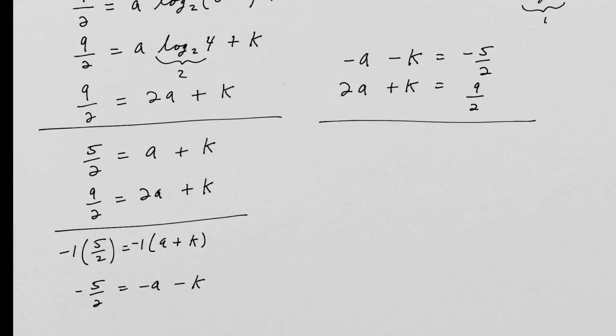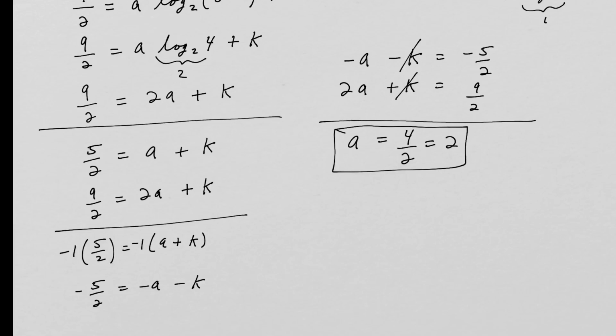Add the equations. So this is where the elimination comes in, right? The k's are gone by design. What's negative a plus 2a? That's 1a, so there's just a. And then negative 5 halves plus 9 halves is 4 halves, which is 2. So I know that a is equal to 2. Okay, good. Now I need to go back and find k. I can plug a back into any of the equations.